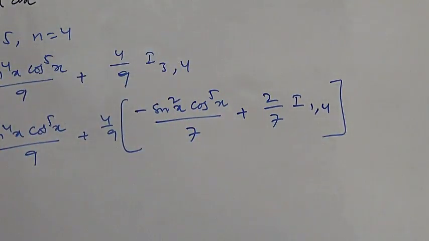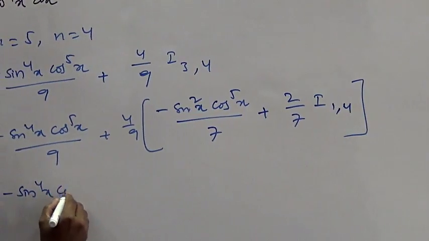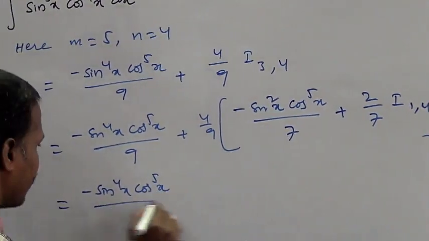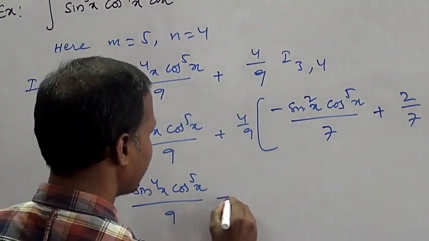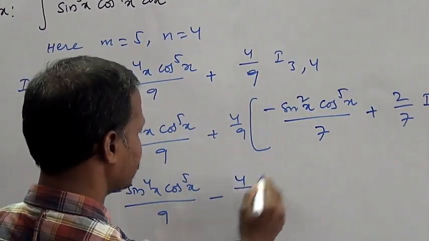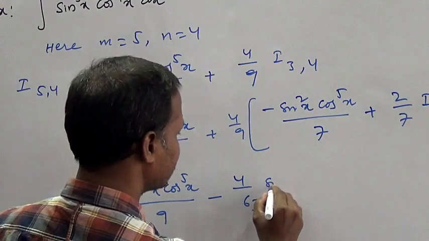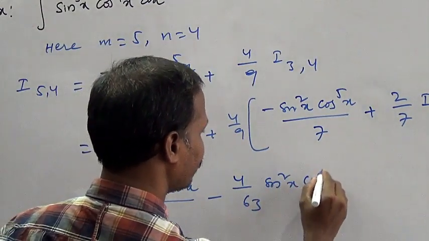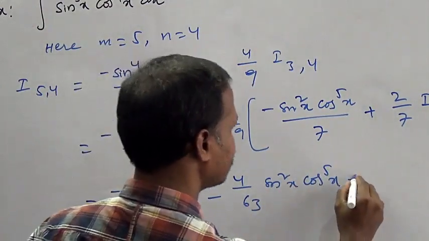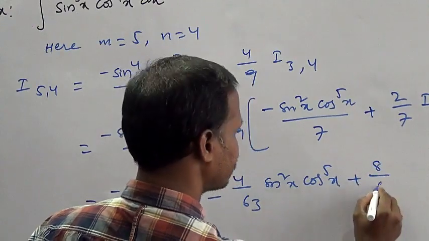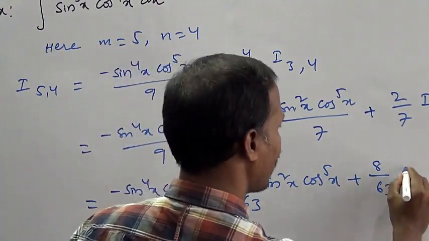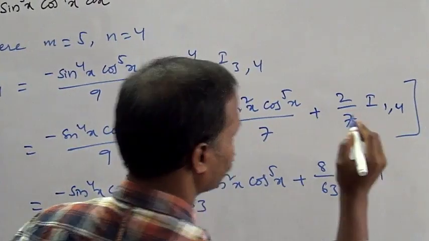Clear? Now this is equal to minus sin power 4x cos power 5x by 9, minus 4 by 63 sin square x cos power 5x plus 8 by 63 I(1, 4).